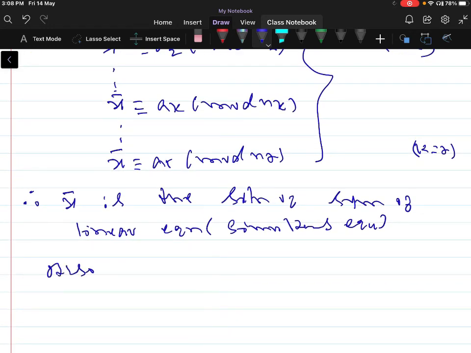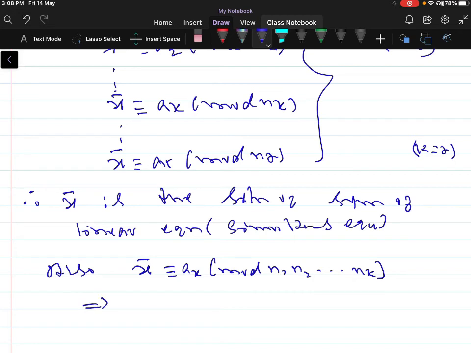Also x bar is congruent to ak modulo n1 n2 and so on nk.